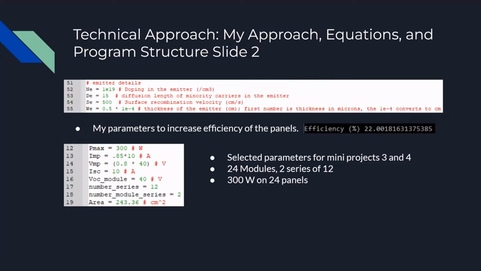As for the shell code for projects 3 and 4, I decided to go with 300 watts per module. The number of series is 12, and I'm having 2 number of module series. And the rest of those, I tried to keep as close as I could to the system at my house because I didn't want to cheat and just give it better values.